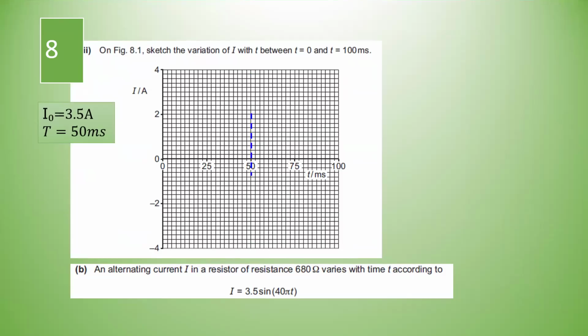On figure 8.1, sketch the variation of I with t between t equals 0 and 100 milliseconds. You should be able to read your peak current as 3.5.